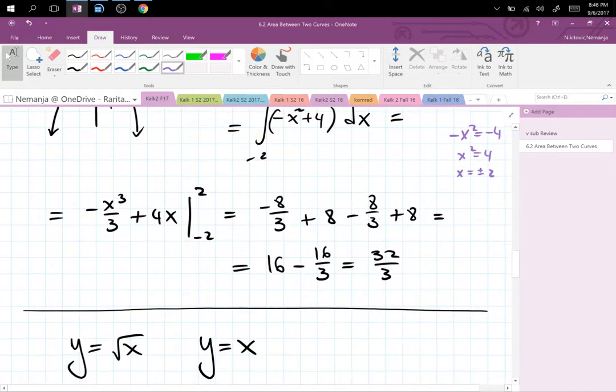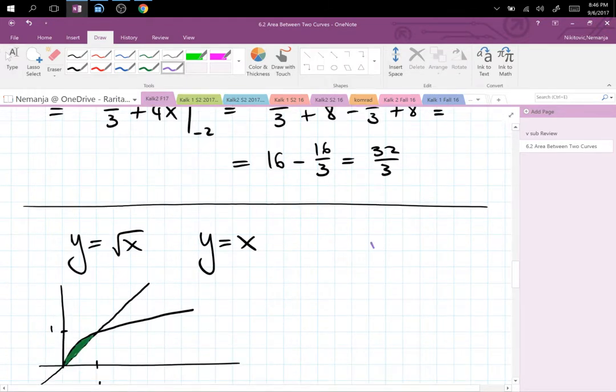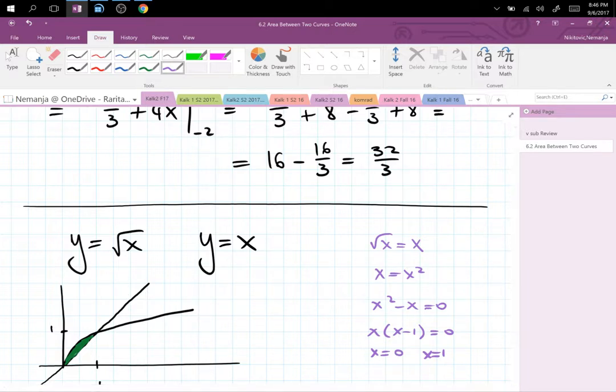For the one below, square root of x equals x. Square both sides, we get x equals x squared. x squared minus x equals 0. Factor out x, 0 and 1, right?